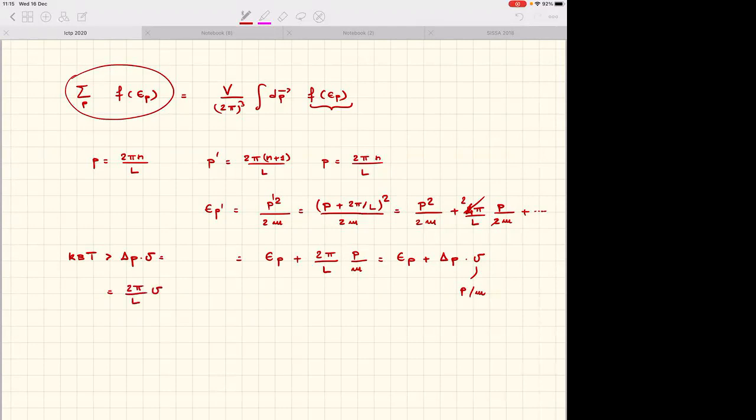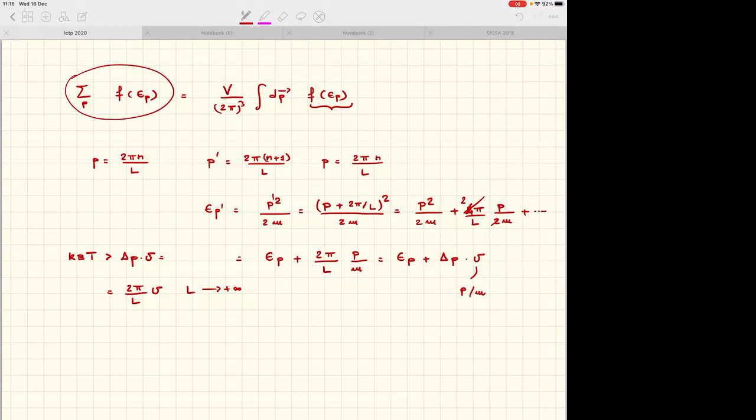In particular, this is true in the thermodynamic limit when you set L to infinity, when the system size is large. You're putting periodic boundary conditions, but the gap among subsequent levels is very tiny on the scale of temperature. So in practice the function is smooth, and I can estimate the sum as an integral. You see what I mean?